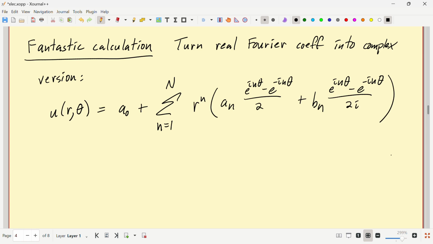When you put it all together, a naught is the same. It's the average. And here now, when the n's are negative, I'm going to summarize what I get. Is the first one plus? The first one should be plus. That's cosine. Right.